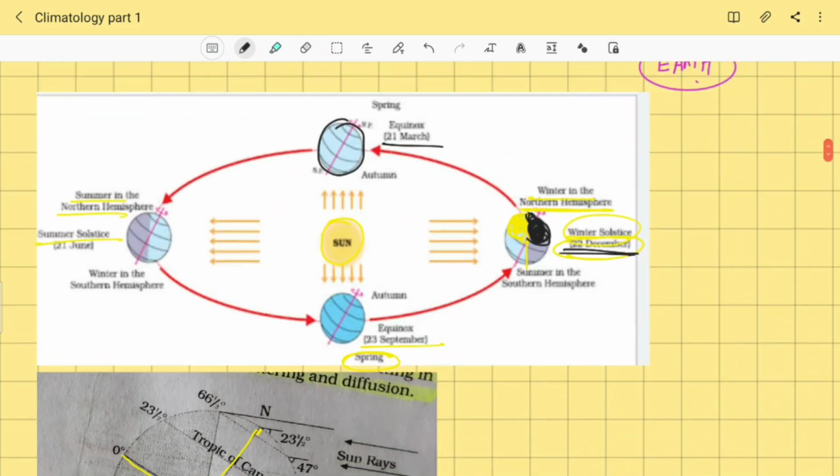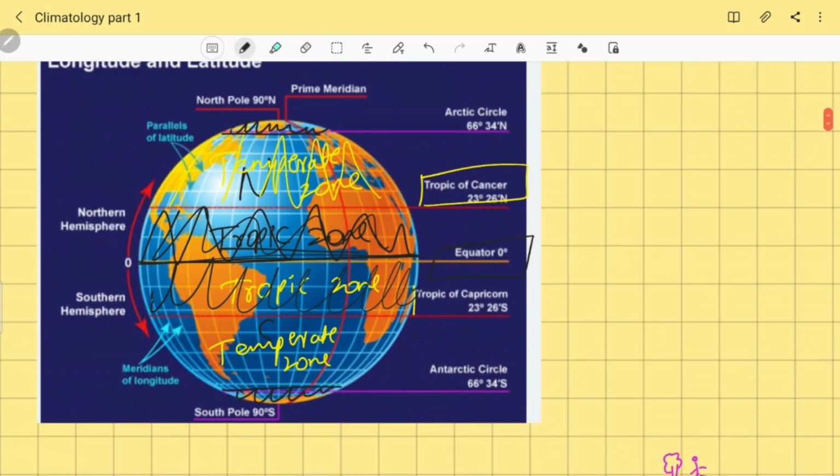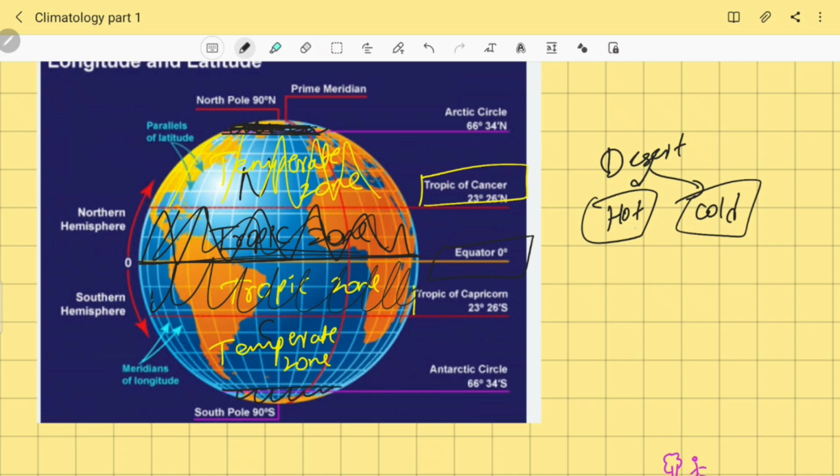So in these cold places, when we hear the word desert, there are two types of desert. One is hot desert, one is cold desert. Usually when we hear the word desert, we just think of hot desert, but we should know about cold desert too. What is a desert? A desert is a place where there are not many plants or animals.